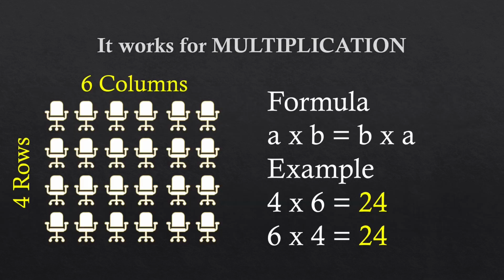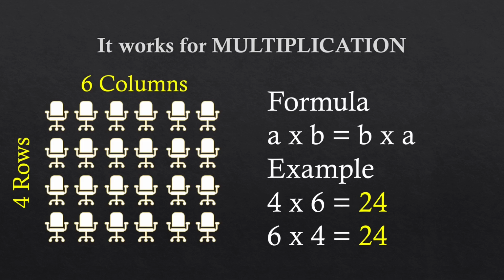The same idea works for multiplication. The math code is A times B equals B times A. Imagine you're setting up chairs in a hall, 4 rows of 6. That's 4 chairs by 6 chairs. That's 24 chairs in total. Now turn your head. You see 6 columns of 4.